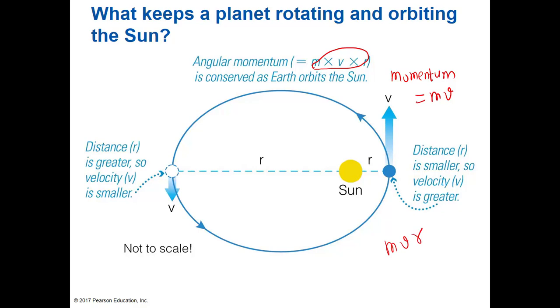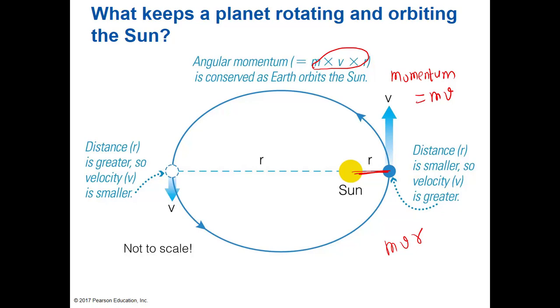Now let's say the earth comes to this position here. If there is no external force acting onto the system, the angular momentum would not change. It would be the same thing.